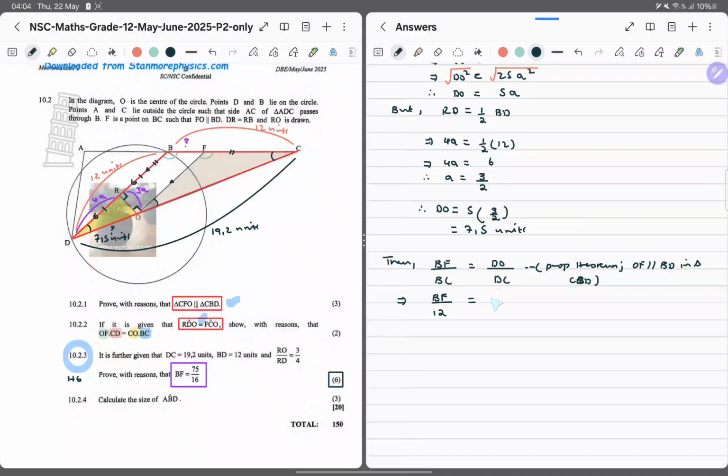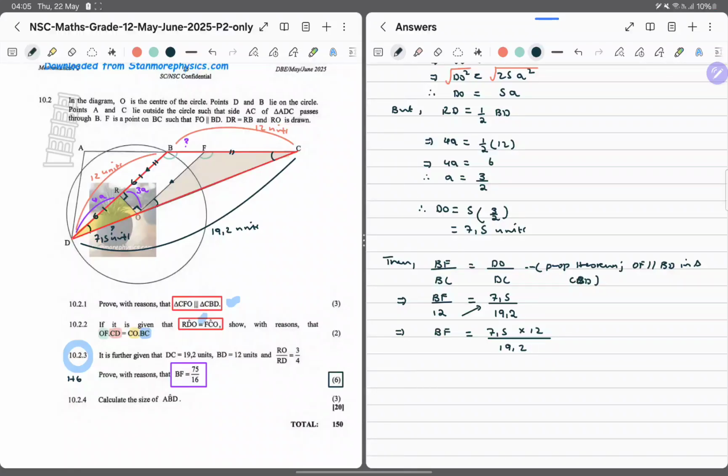Over DO, we just found out, is 7,5 divided by DC, which is 19,2. Okay, so we just cross multiply here. So this implies that we have BF given by 7,5 times 12, all divided by 19,2.